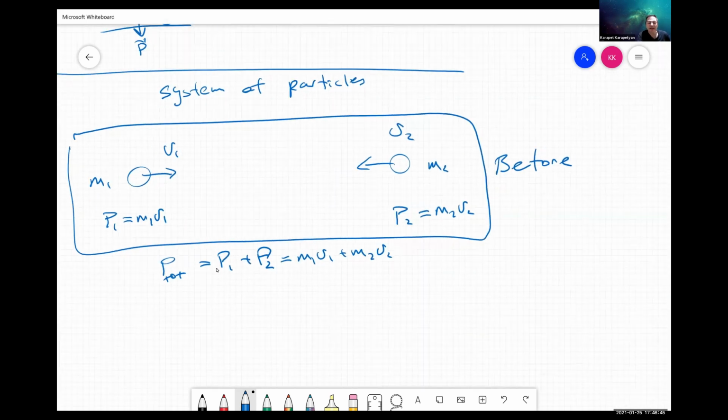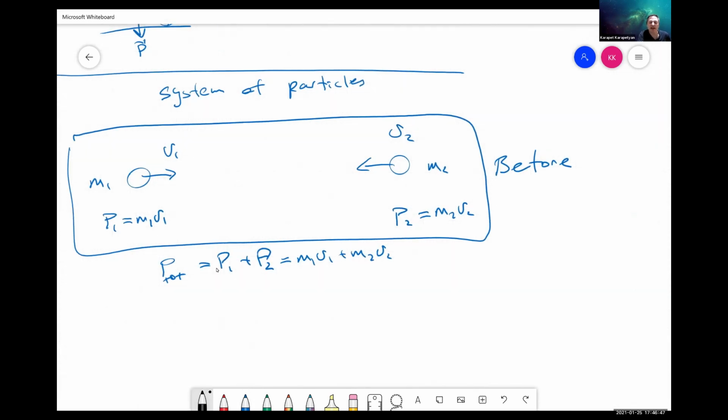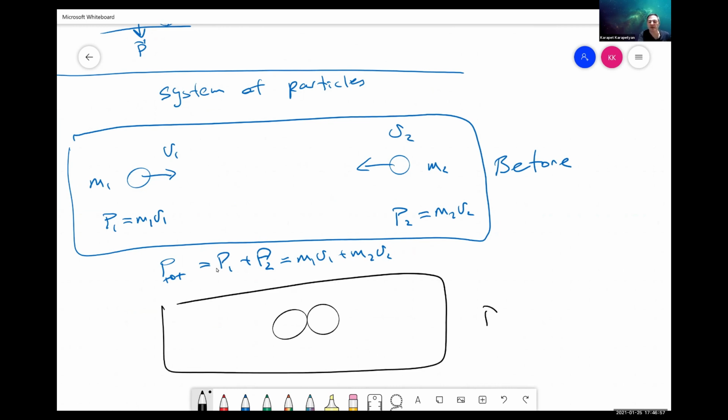Then obviously they're going to collide. So let's say here's object 1, here's object 2, and this is during the collision. One thing I'm going to say is that those objects are on a frictionless surface, moving toward each other, and then they collide.